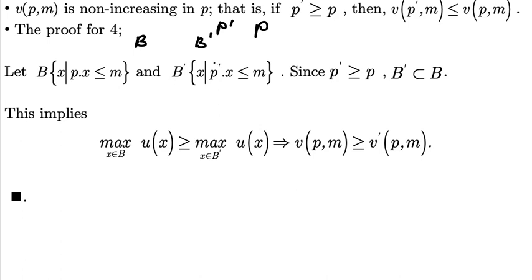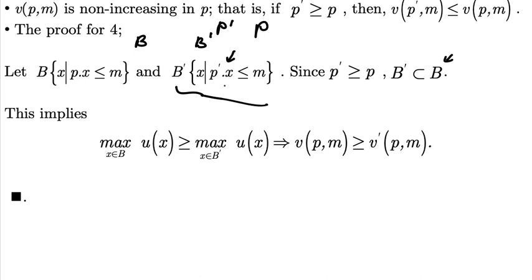And we have another set here, B prime, which is X also, but evaluated at different total expenditure because of different price, which is P prime, but still less or equal to income. And because P prime is more or equal to P, then this second set here is in the first set, isn't it?